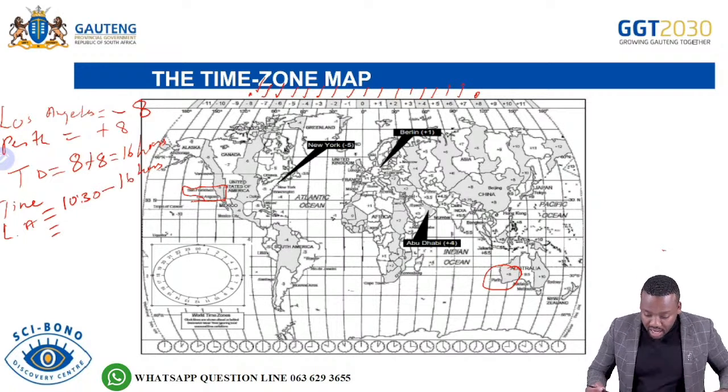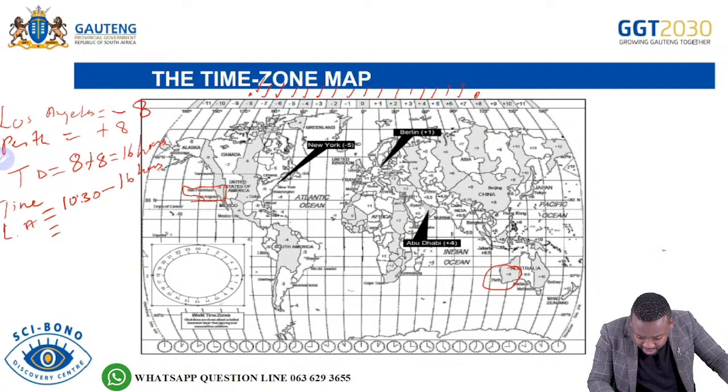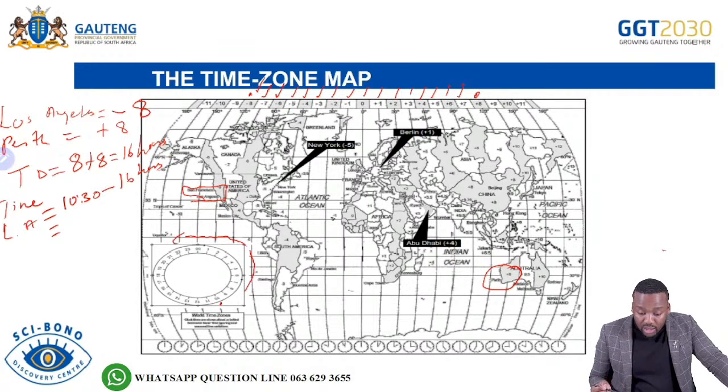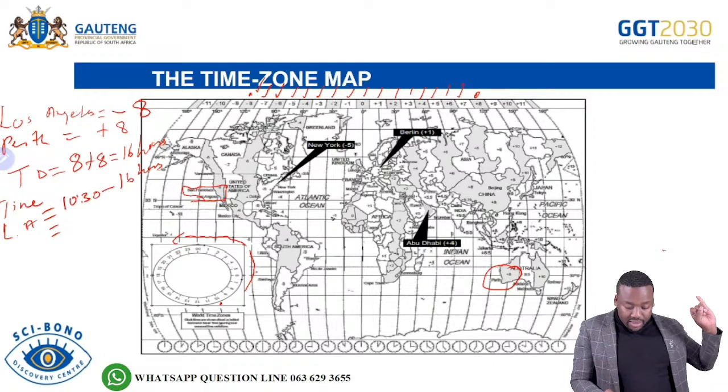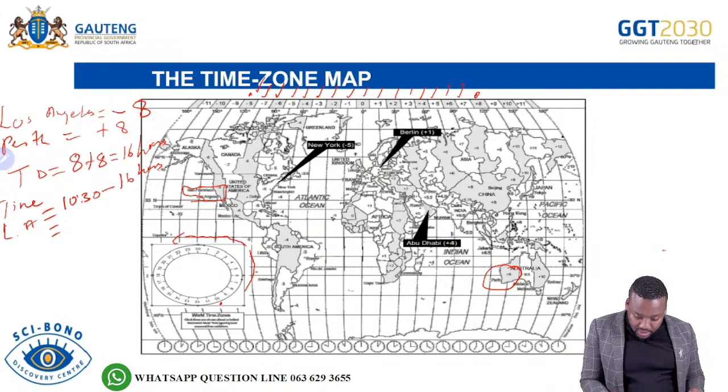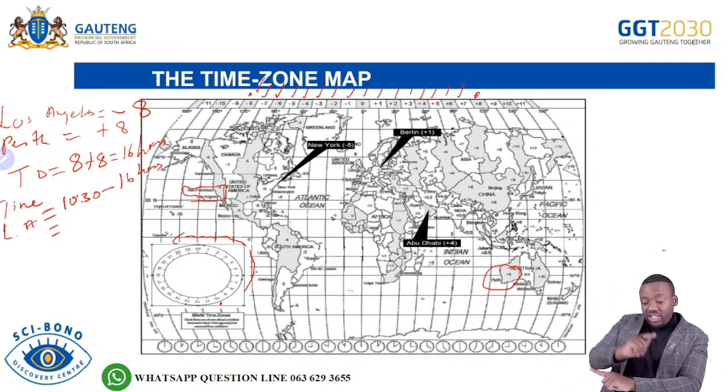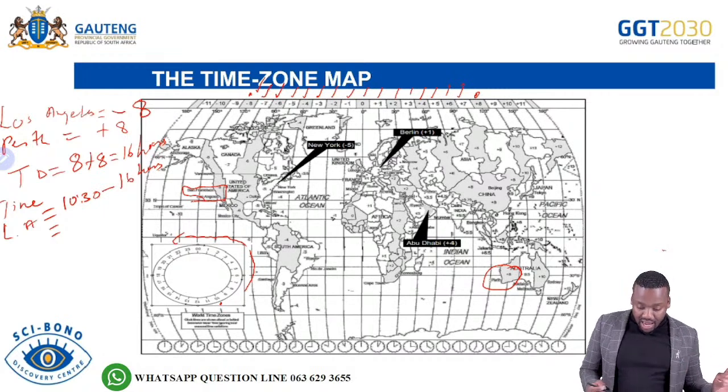Let's check what the time will be. So it is 10 hours 30 here. Let me try to use the 24-hour clock. So we need to move where? Backward. We need 10:30 minus 16. So let's check. 10:30 is where I'm going to start: 1, 2, 3, 4, 5, 6, 7, 8, 9, 10, 11. Can you see here now we are on midnight? Therefore, the date now changes because we are on midnight. Let me try again.